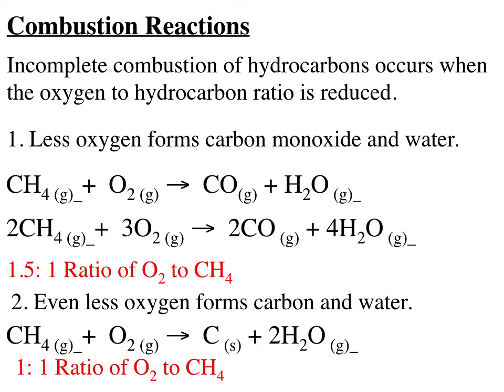In the first, which again is the same reaction I showed on the previous slide, methane plus O2, but now the products in this first form of incomplete combustion are CO and H2O. They are carbon monoxide and water vapor.